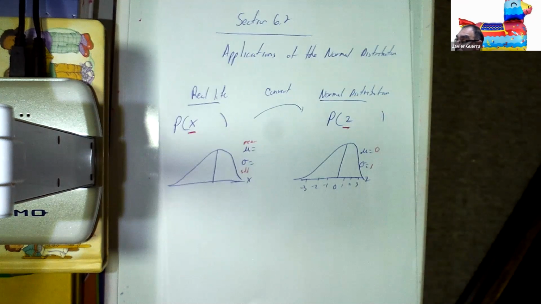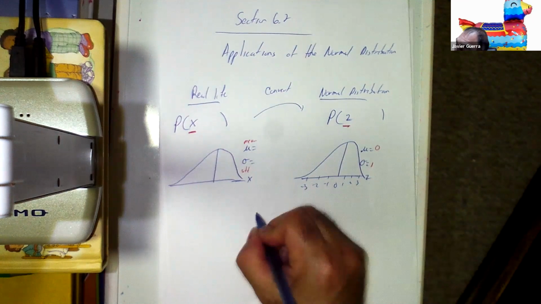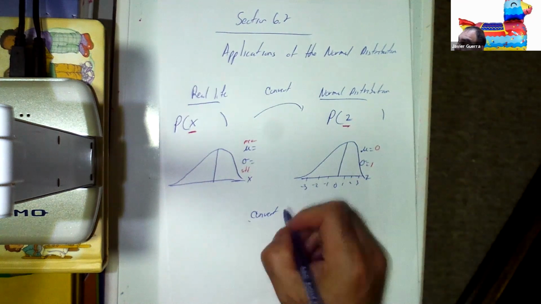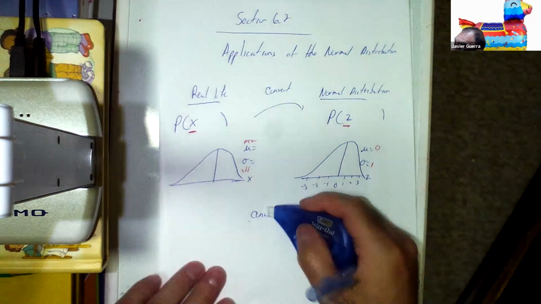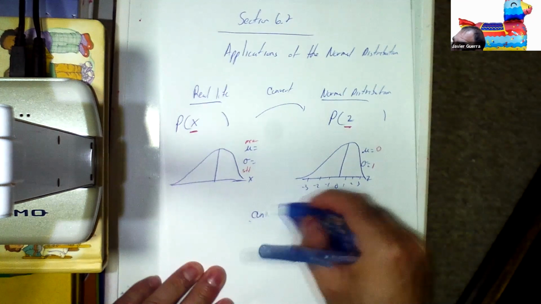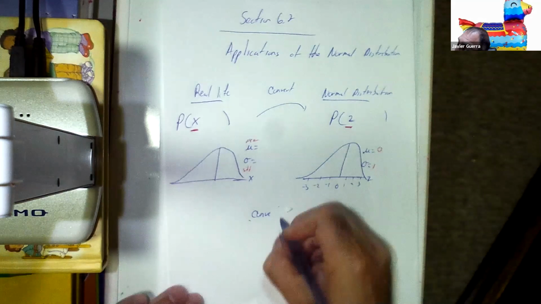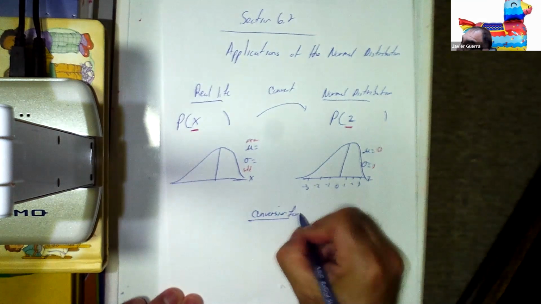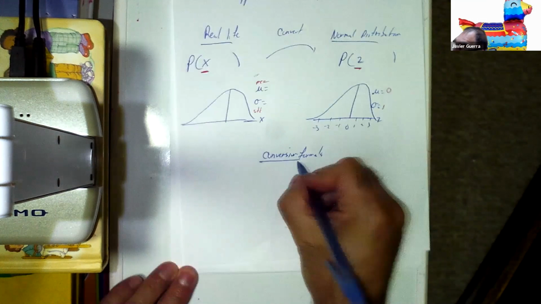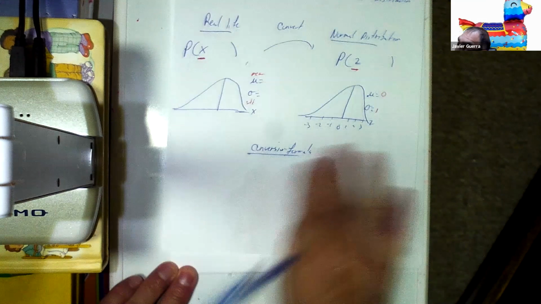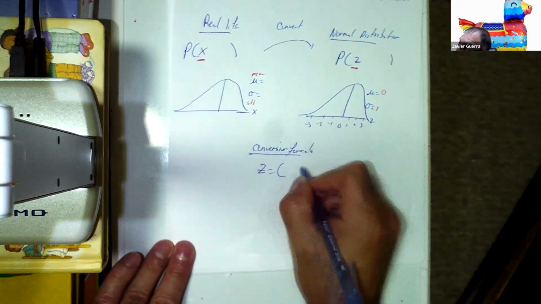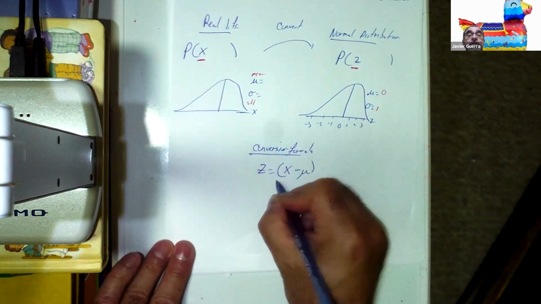So the conversion formula, I'm going to give it to you. The conversion formula is going to be Z equals, in parentheses, X minus mu over sigma. That's going to be the conversion.